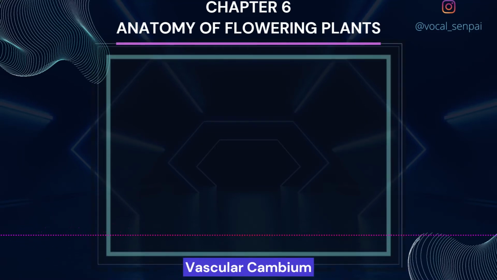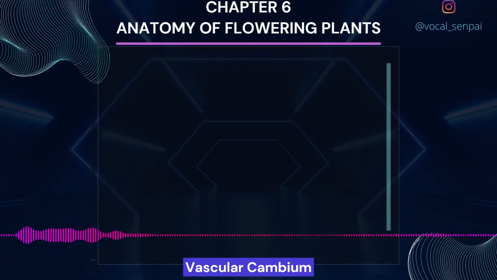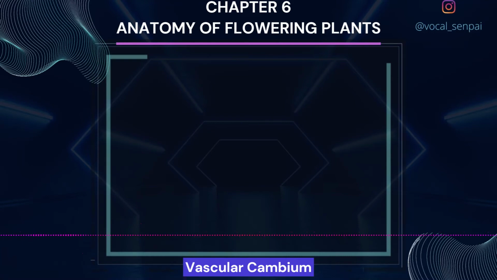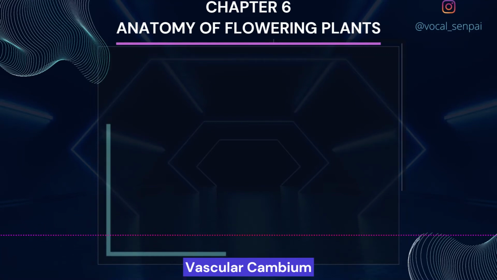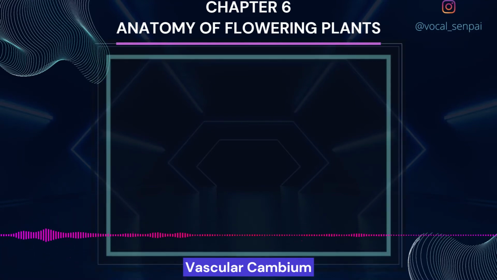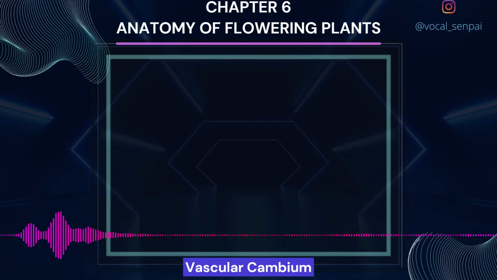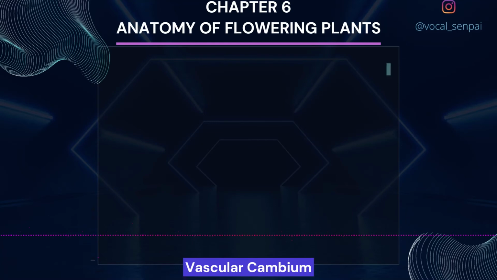Vascular cambium. The meristematic layer that is responsible for cutting off vascular tissues, xylem and phloem, is called vascular cambium. In the young stem, it is present in patches as a single layer between the xylem and phloem. Later it forms a complete ring.